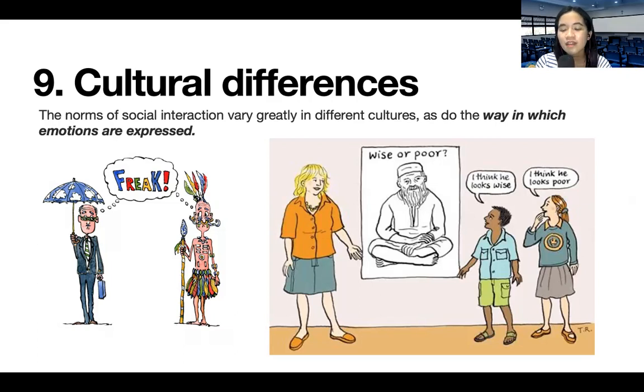And then the girl answered, I think he looks poor because maybe in this girl's culture, when she sees someone looking like this, he would be a beggar, he would be poor. So that's how cultural differences may affect conversation, may affect communication, and it can be a barrier in communication.